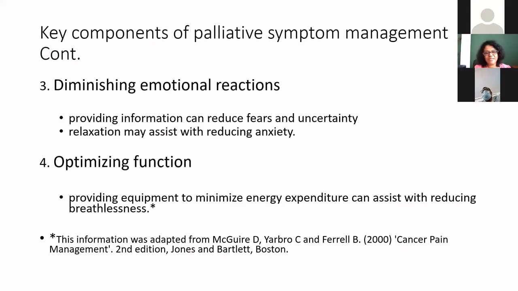If the patient is given some assistance in reducing breathlessness, providing some equipment to reduce the work of breathing, then we are optimizing the quality of life, optimizing the function.